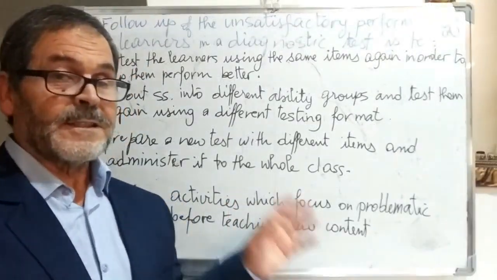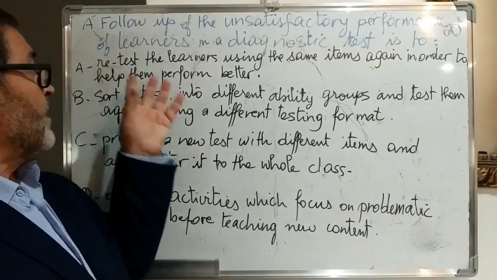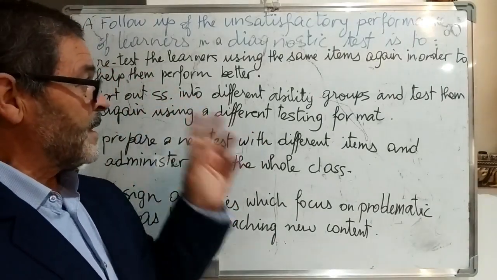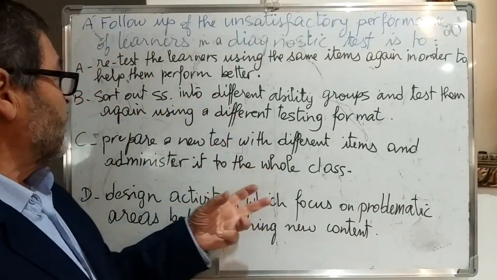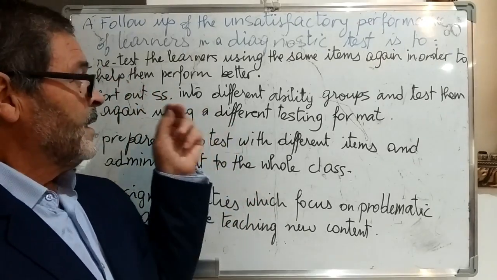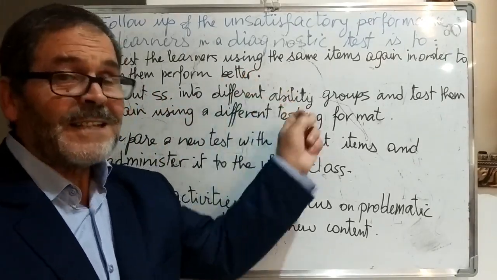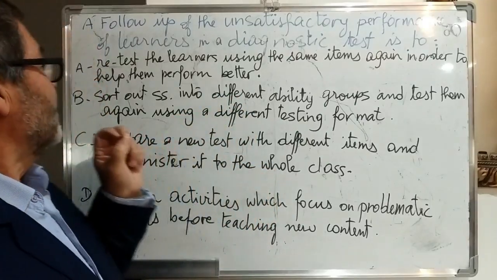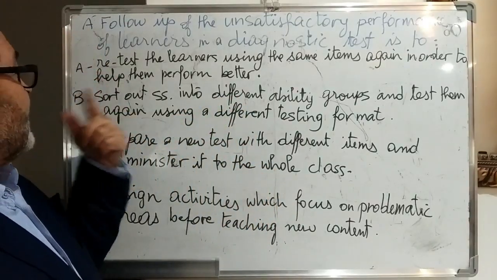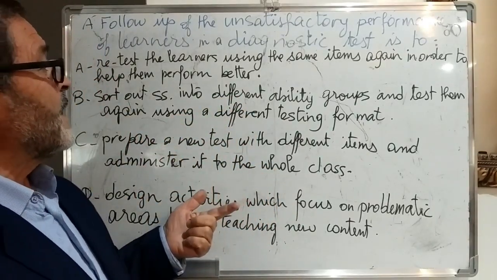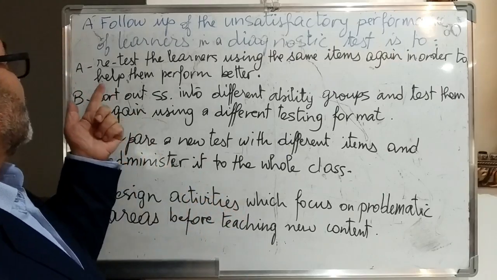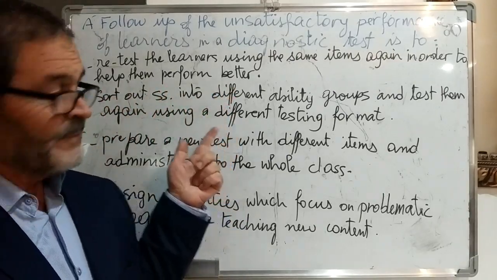Another exercise: a follow-up of the unsatisfactory performance of learners in a diagnostic test is to: A. Retest the learners using the same items again in order to help them perform better.